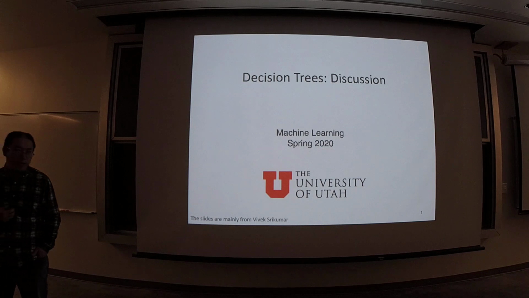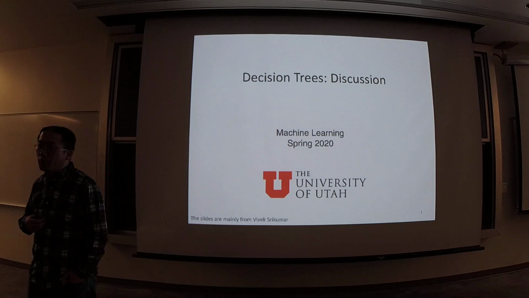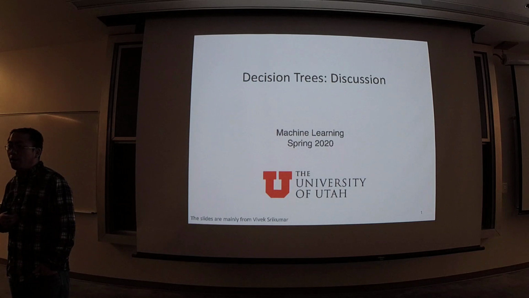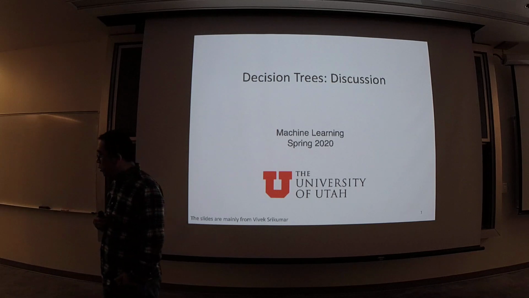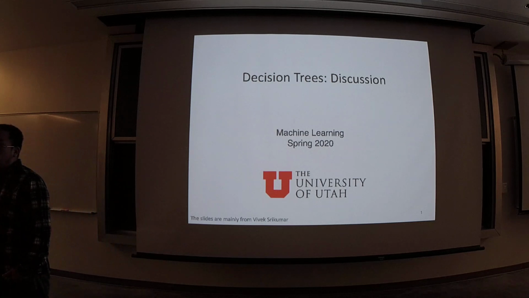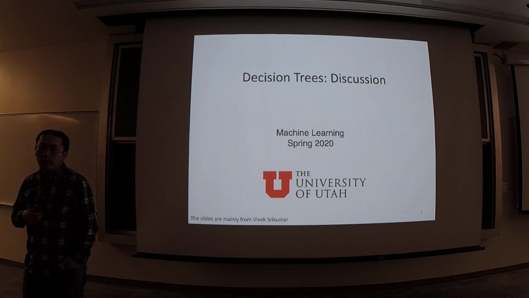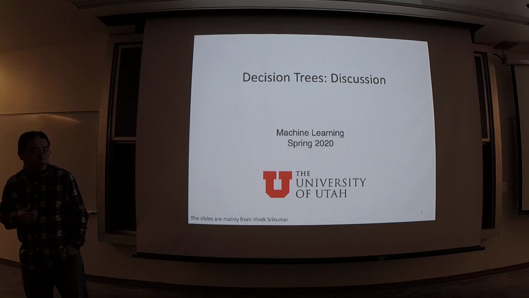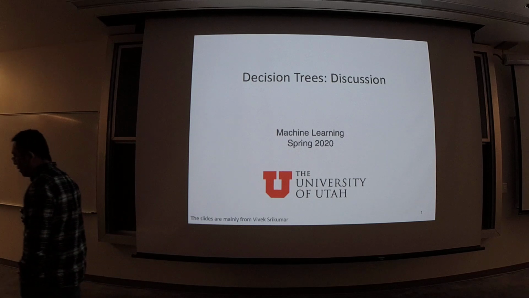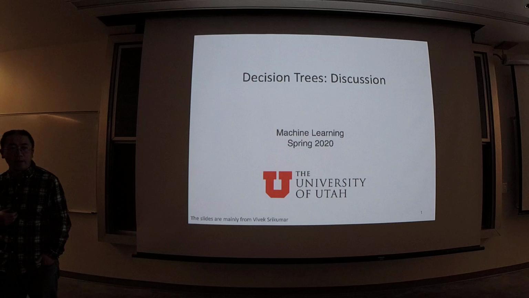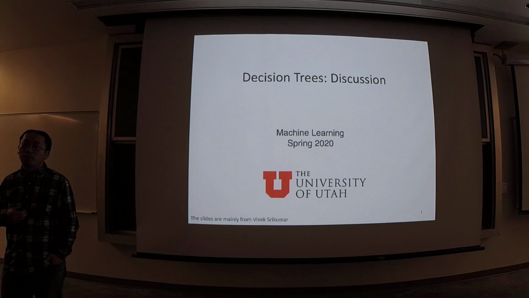You want to do a solo project, or you want to form a partner team. The due date for the midterm project is scheduled right before the spring break, because I don't want to bother you during the spring break. So I hope before the spring break we'll have an intermediate report on that.